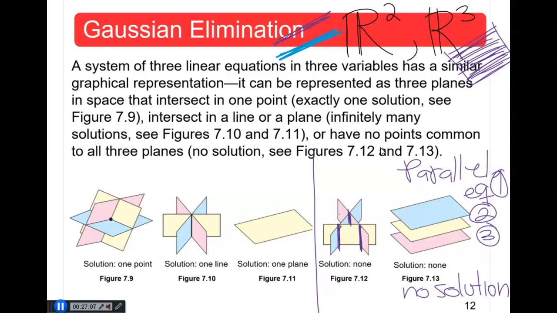So they are intersecting 2 at a time, but there is no point at all where all 3 intersect. So this is also no solution. They're not parallel, but not all 3 intersect at the same time.